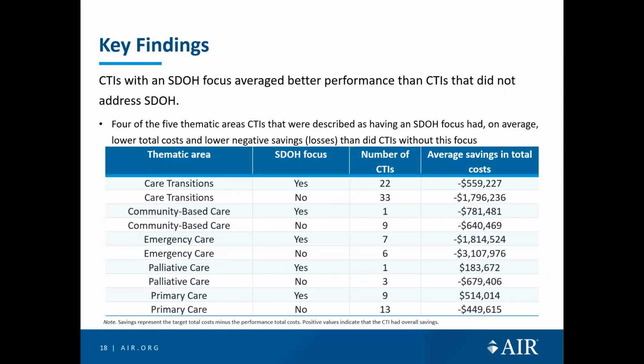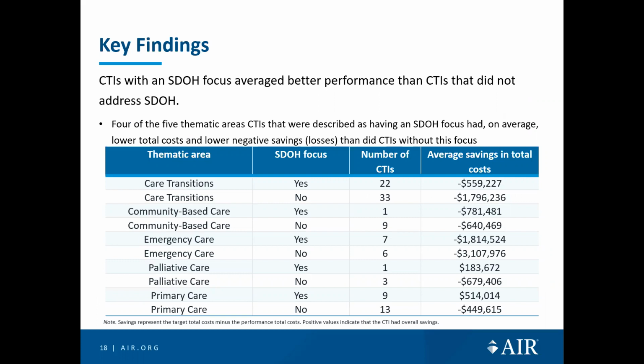Our final quantitative analysis focused on social determinants of health. And we actually see that on average, CTIs with a social determinants of health focus performed better than CTIs that did not have the SDOH focus.